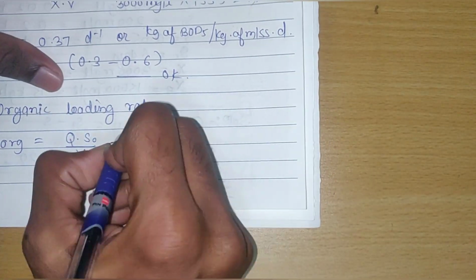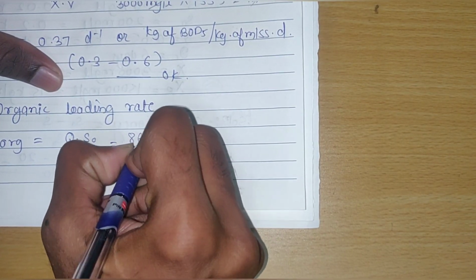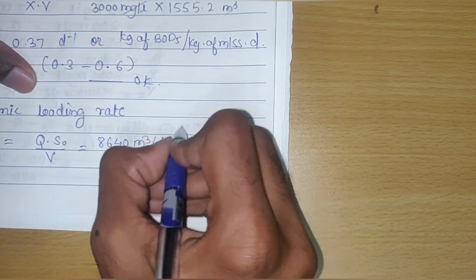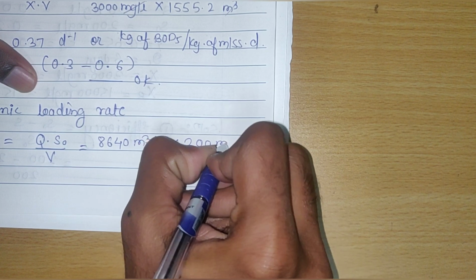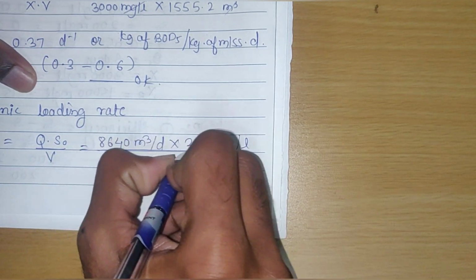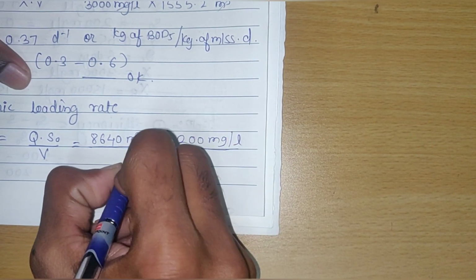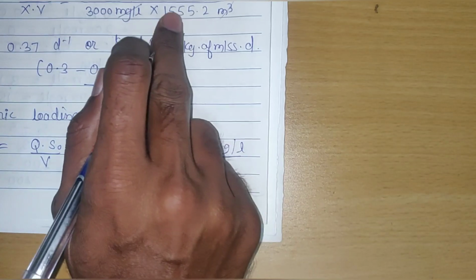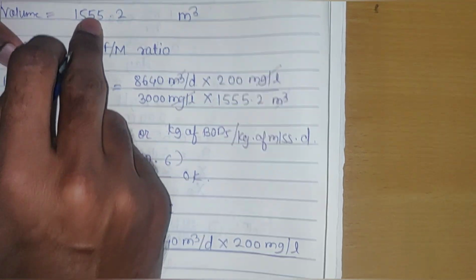Value of Q is 8640 meter cube per day into S naught 200 milligram per liter divided by volume. Volume is 155.2.